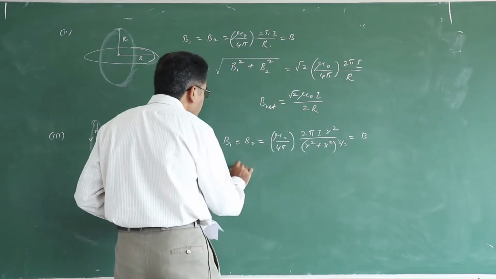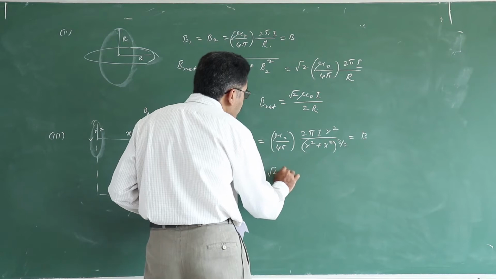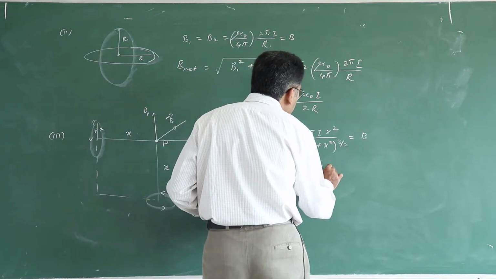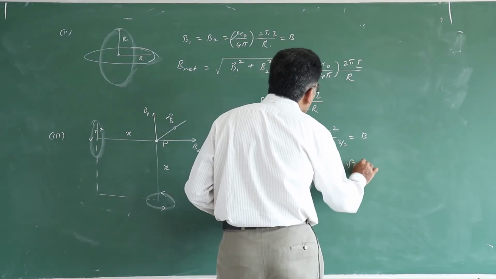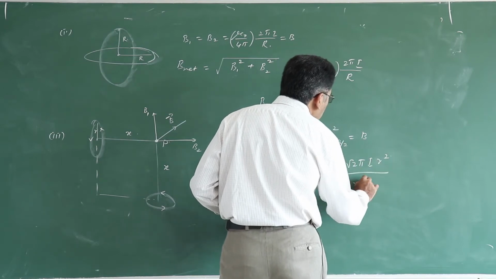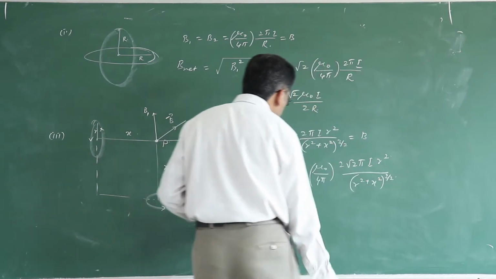Therefore, what is the net magnetic field? The net magnetic field is root 2 times B. So this is mu naught by 4 pi, 2 root 2 pi I r square divided by r square plus x square whole to the power of 3 by 2.